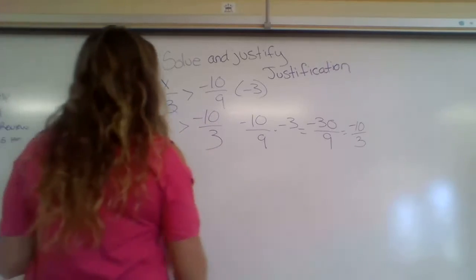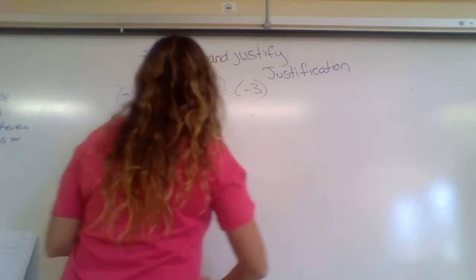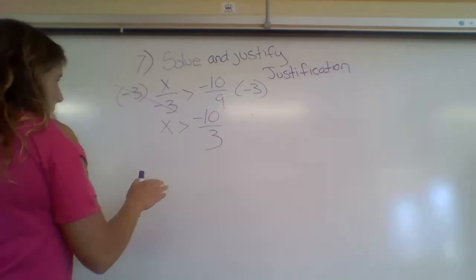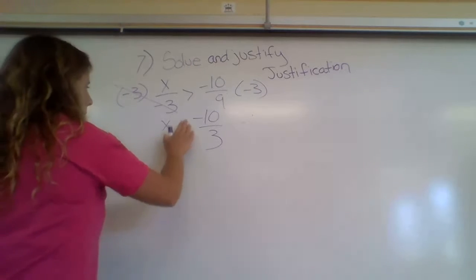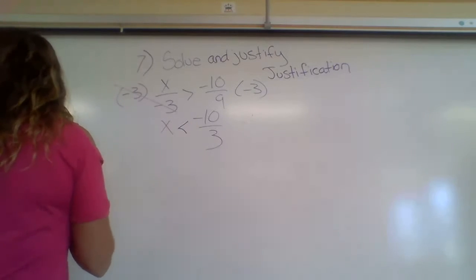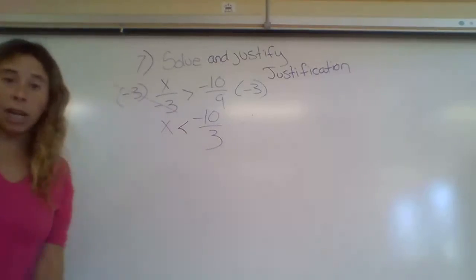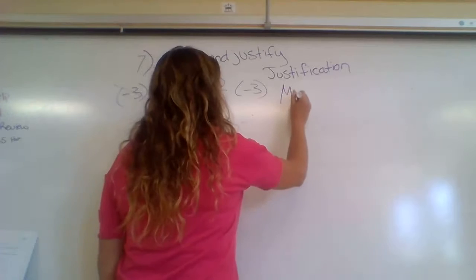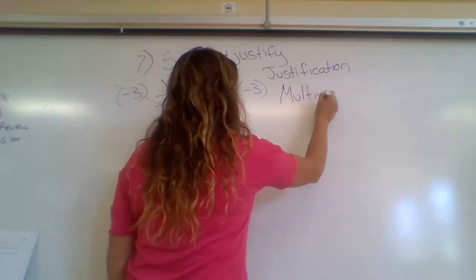Well, I have to erase this so you can justify. And we multiplied by a negative number, so you must flip your sign. Can you guess what the justification is? It's the multiplication, because we multiplied.